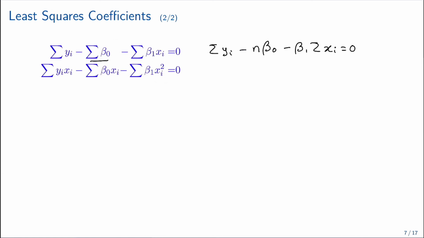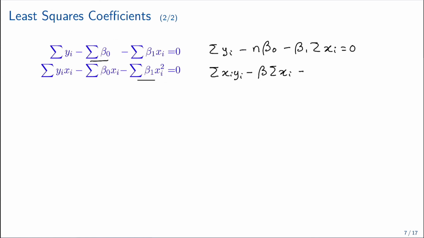Now the second equation, we have the sum of xi yi minus, we can also factorize beta 0 out of the sum. Beta 0 multiplied by the sum of xi. In the third term, we can also factorize the beta 1.